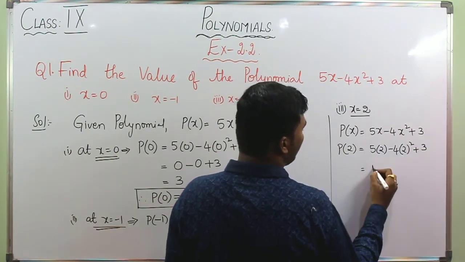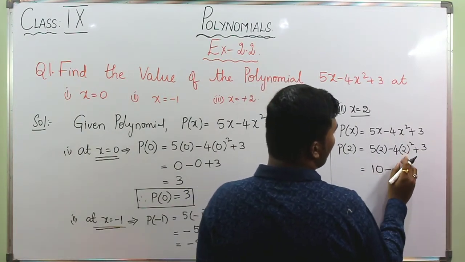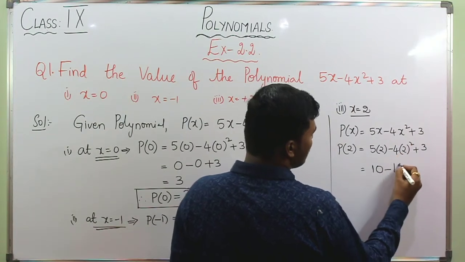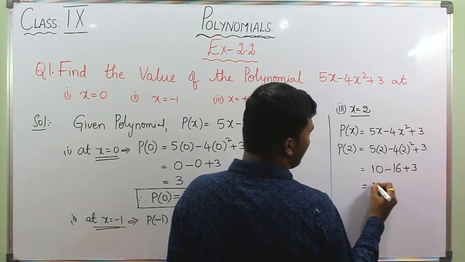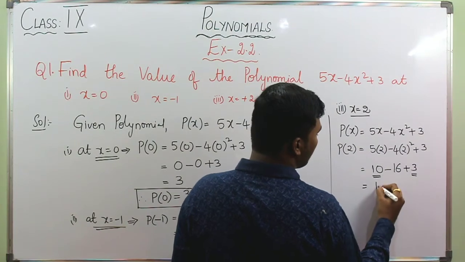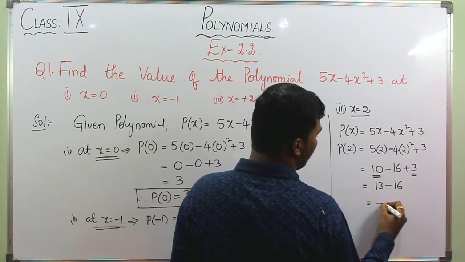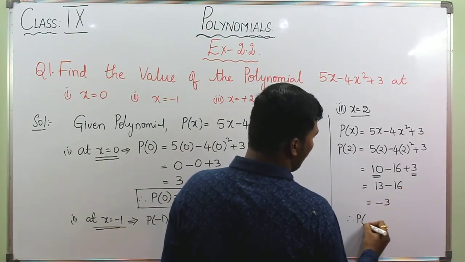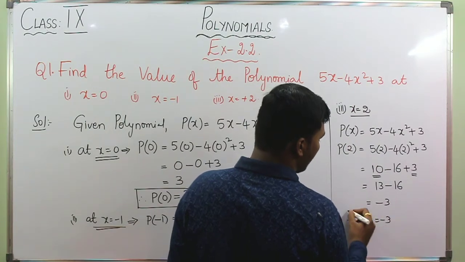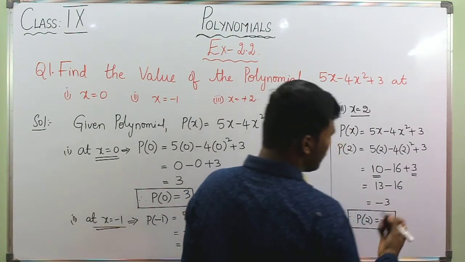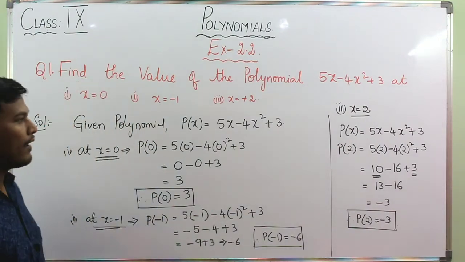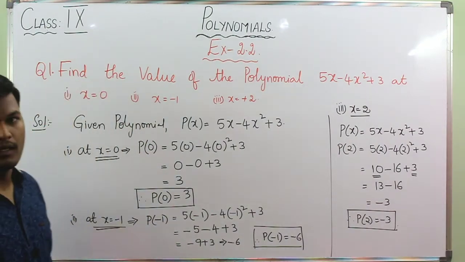That is 5 twos is 10, minus 2 square is 4, 4 fours is 16, plus 3. 10 plus 3 is 13, 13 minus 16 is minus 3. So therefore, p of 2 is equal to minus 3. This is how we find the values of a polynomial.